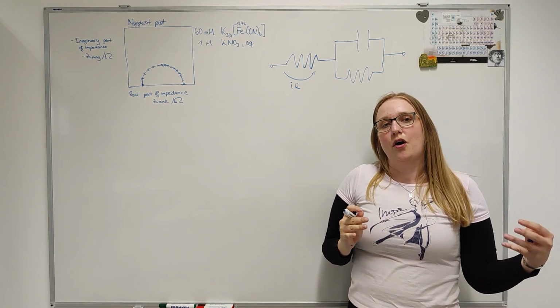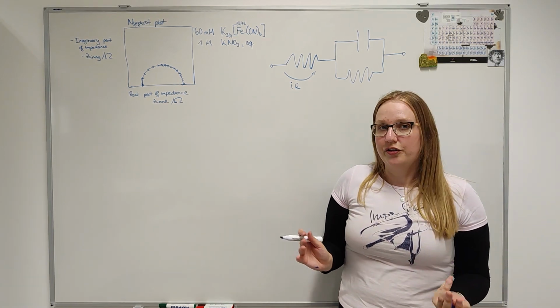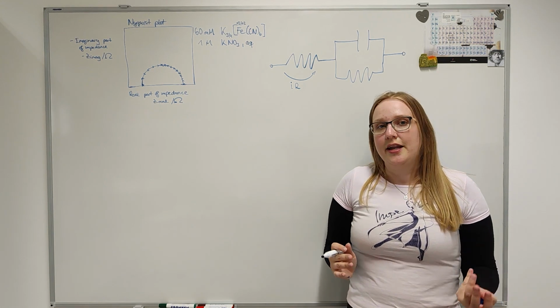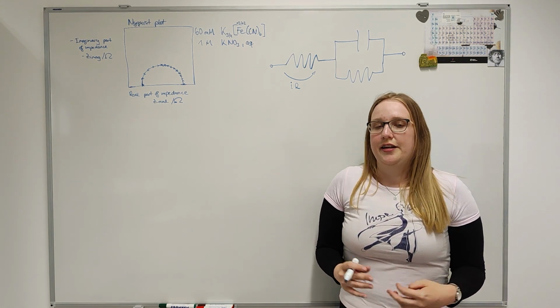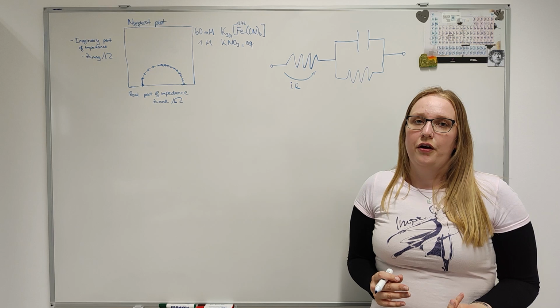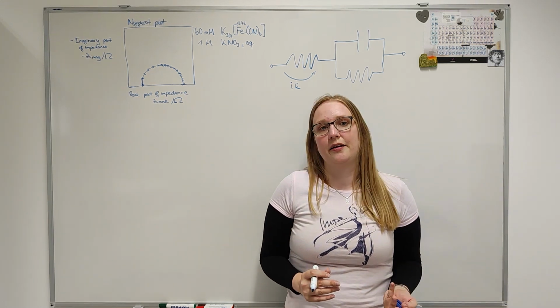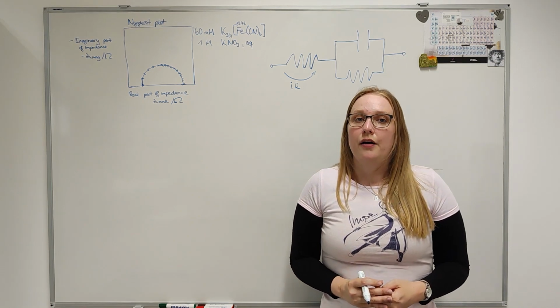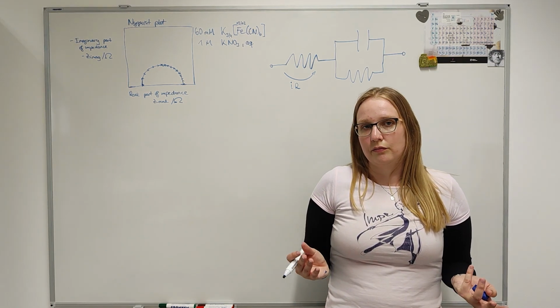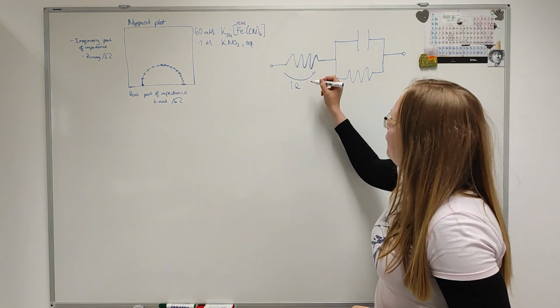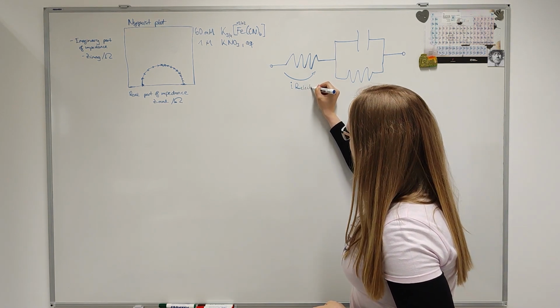The current obviously always flows through contacts, through the electrode, and of course the electrolyte. And as we know that the conductivity of our electrolyte is orders of magnitude lower than for a metallic wire, for example, we may easily assume that we have here the electrolyte resistance.